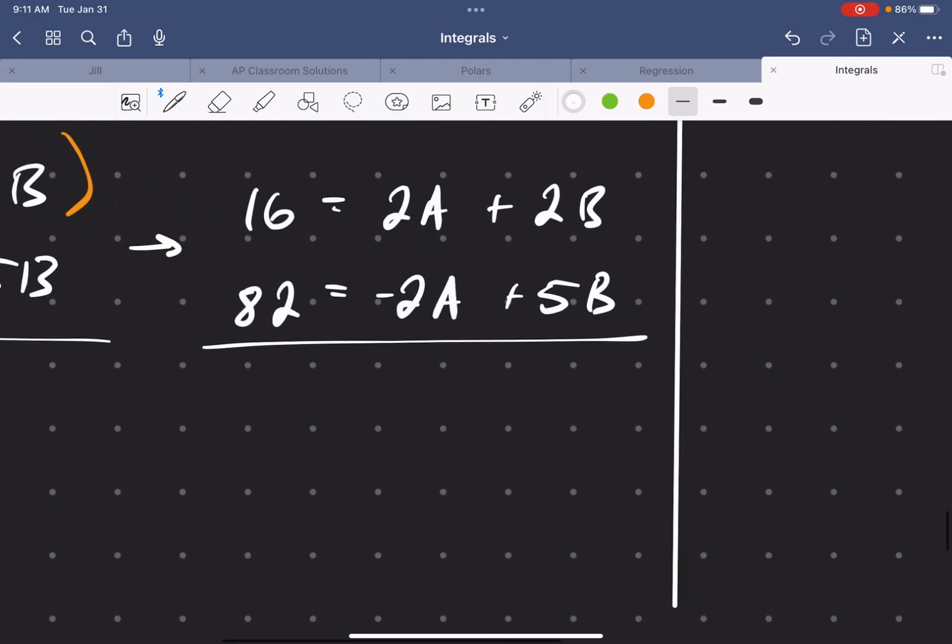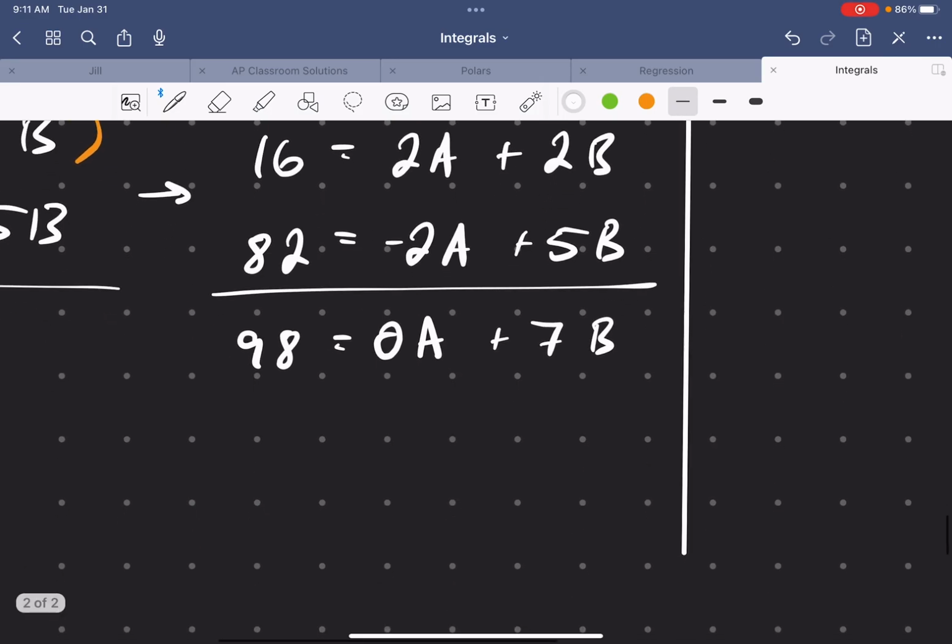Now I can solve this by just adding straight down. 16 plus 82 is 98. 2A minus 2A, those eliminate, giving me 0A. And then 2B plus 5B gives me 7B. I'm left with 98 is equal to 7B.